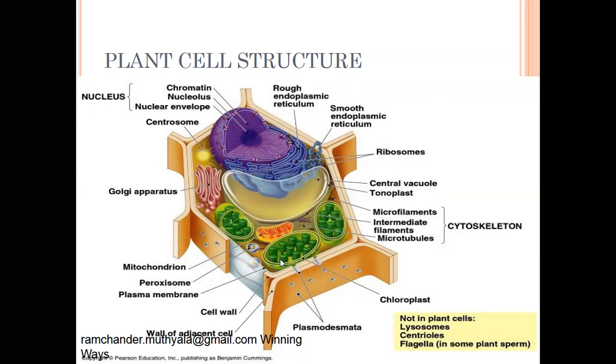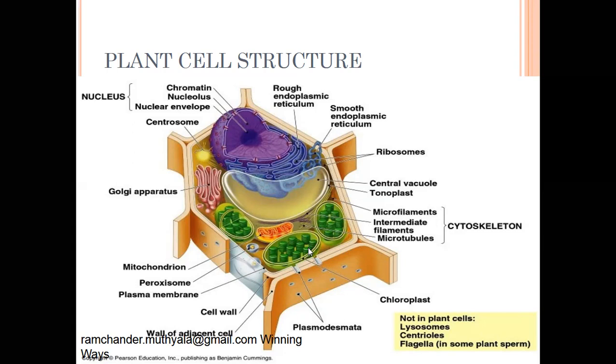Near the vacuole, sac-like structures are present. The sac-like structures are called chloroplasts. The chloroplast pigments are green in color. They act as the production house of the cell.